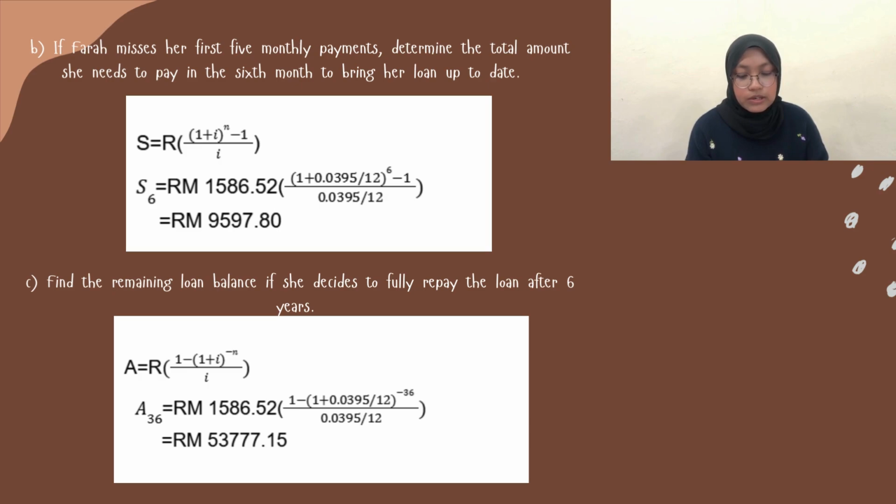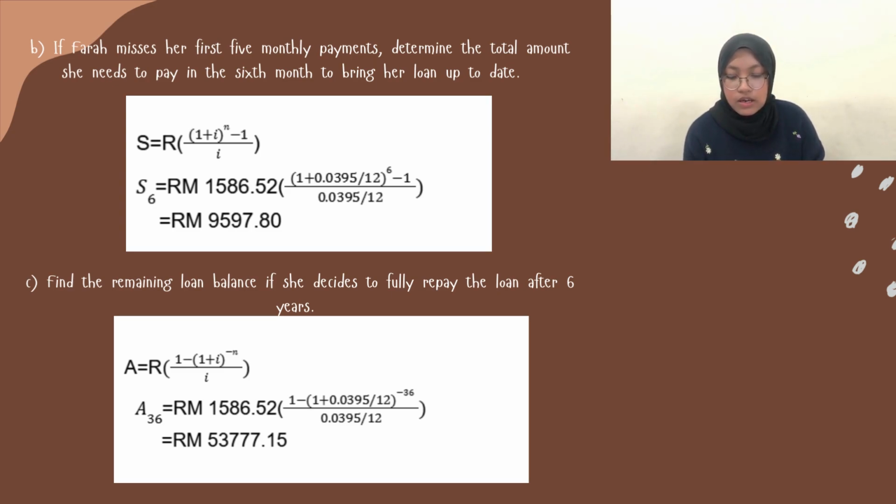So we have to use the S formula: S equals R bracket 1 plus I end of bracket the power of n minus 1 over I. So S6 equals 1586.52 bracket 1 plus 0.0395 over 12 end of bracket the power of 6 minus 1 over 0.0395 over 12. So we'll get RM9,597.80.